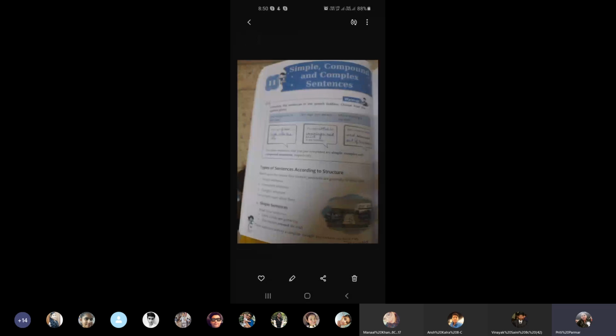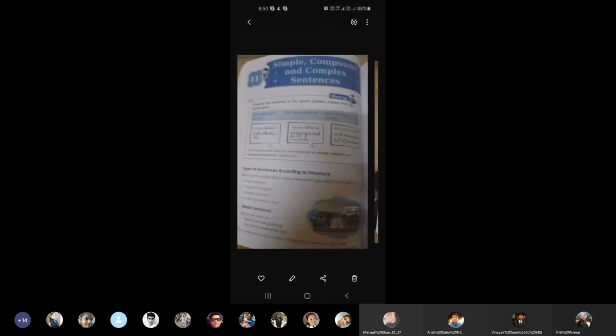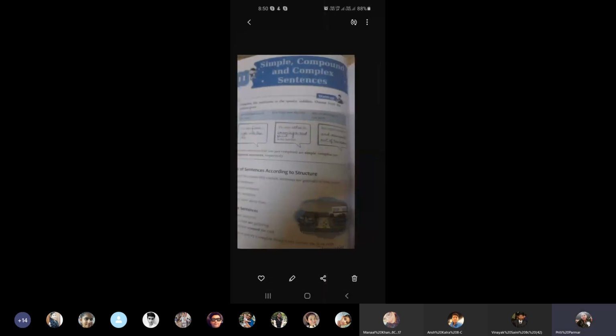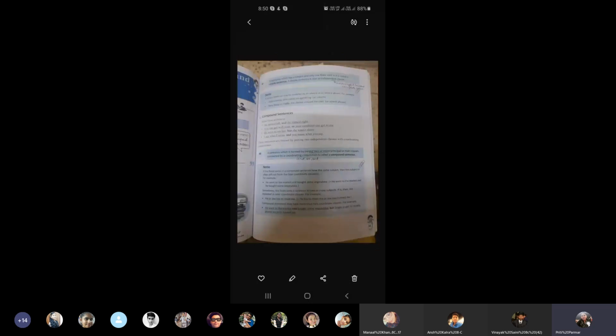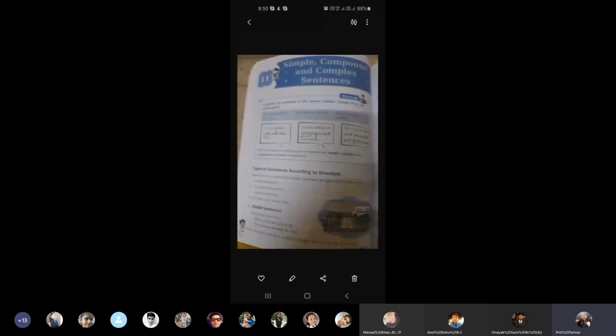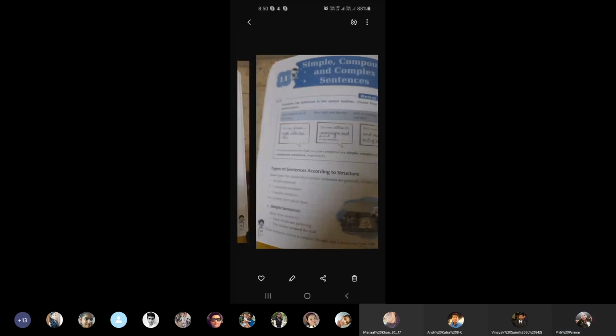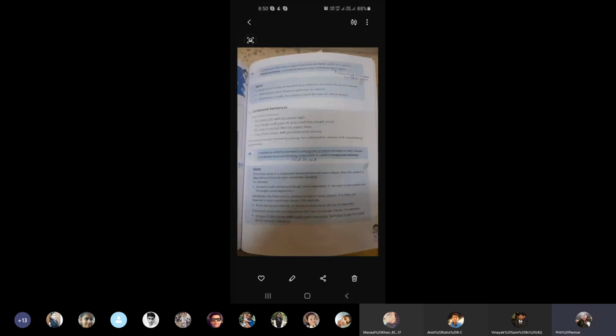Then they are telling you the definition. Please see that when you do this, you will write the heading, simple, compound, and complex sentences. After that, this is the first thing that you will do.